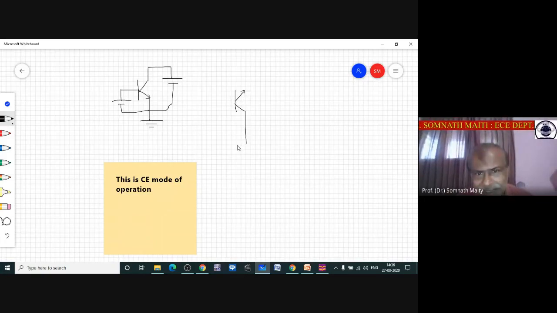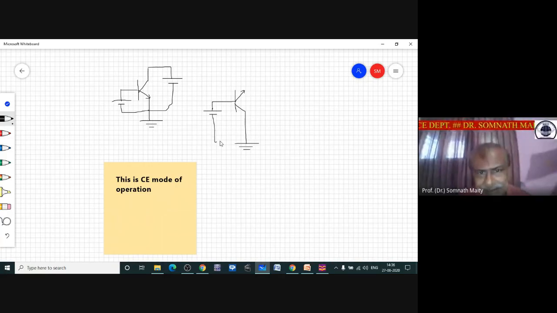This will be grounded because it is common collector. Base should be forward bias. So you have to apply the positive side of the battery and ground it with respect to this. Now this should be forward bias.